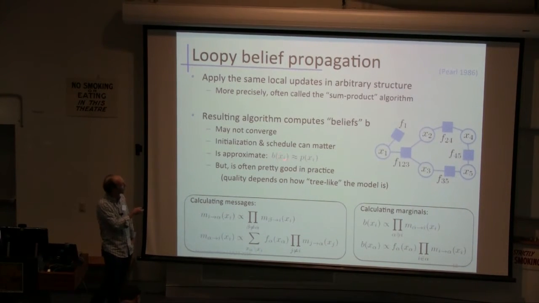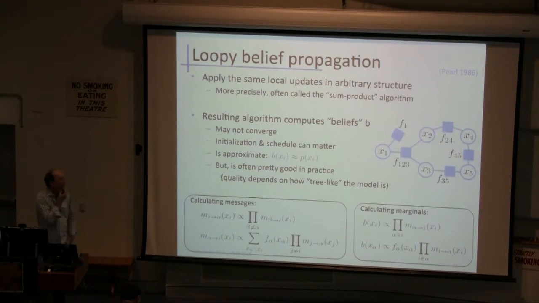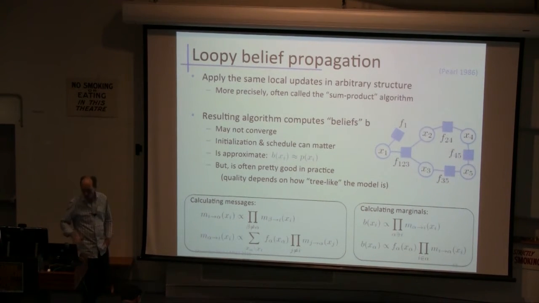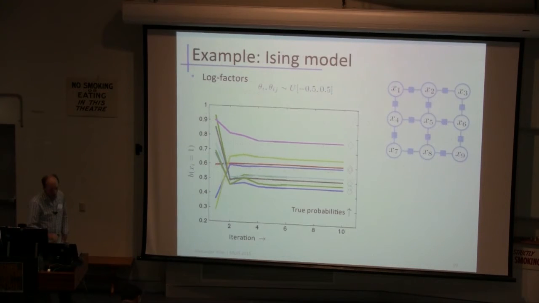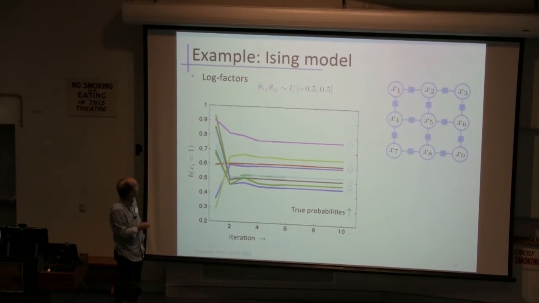It's only approximate, so these beliefs we're going to hope are something like the marginals. But in fact, in practice, it turns out to work really well. And the quality of it depends on how tree-like the model is. Just as a quick illustration of how shockingly good this is, here's a graph, a small Ising grid, where I generated some random potentials and ran loopy belief propagation.